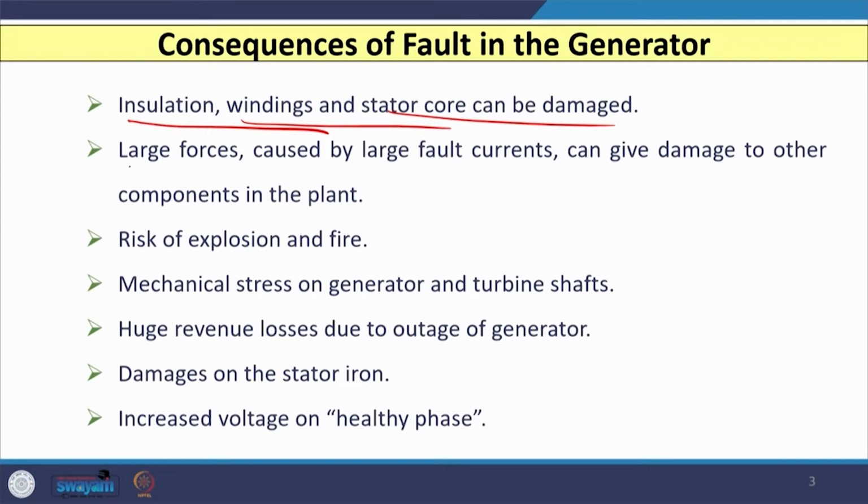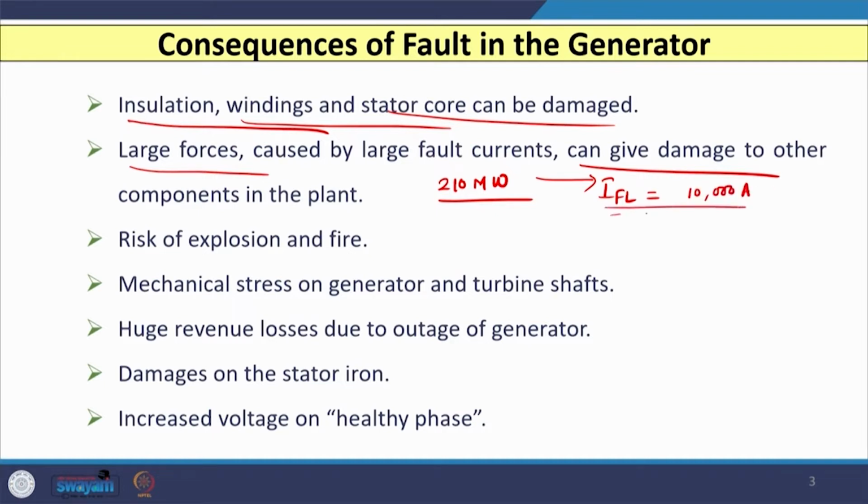Sometimes large forces, maybe because of the large magnitude of fault current, can also be there, which can damage the other components of the plant, because we know that if I consider a 210 megawatt generator, then the full load current or the normal current which the winding of the generator can easily carry is very close to 10,000 ampere. So, this is the normal or full load current.